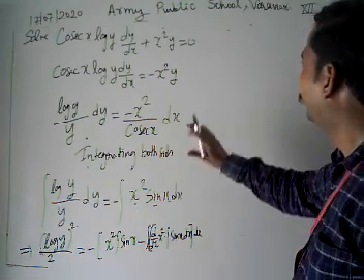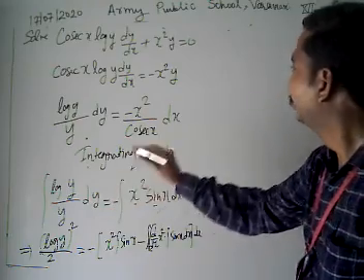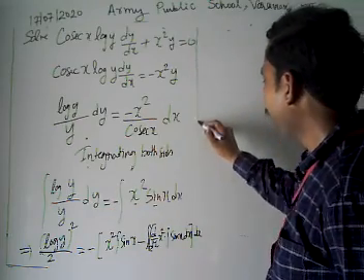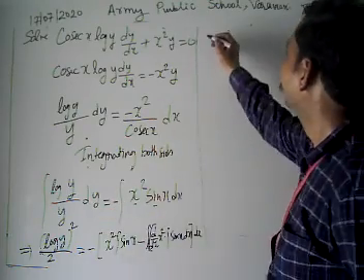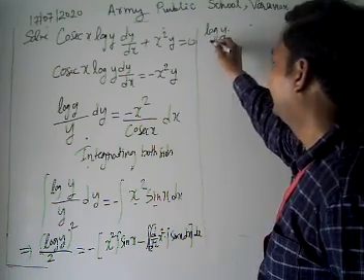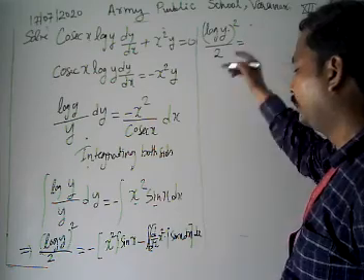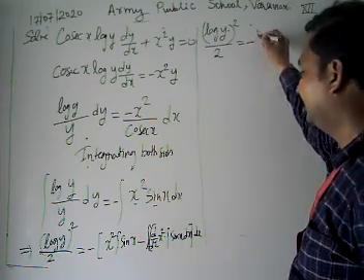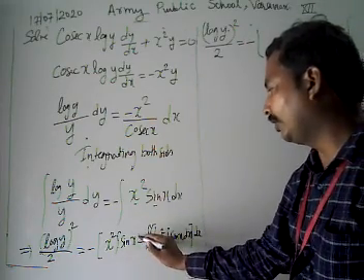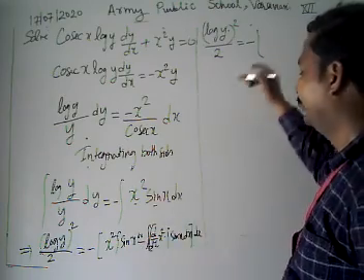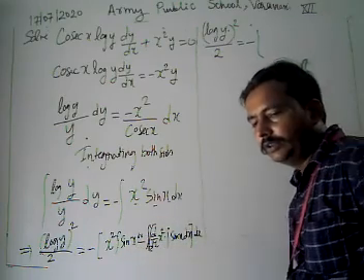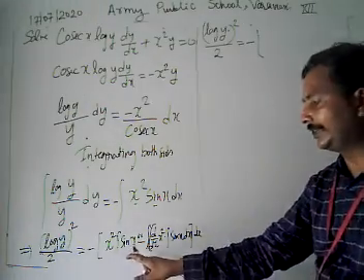Now look, what do we have? We have log y whole square by 2 equals minus, and the integration of sin x dx is minus cos x.